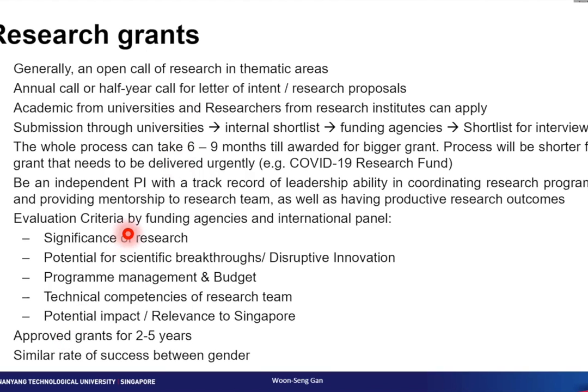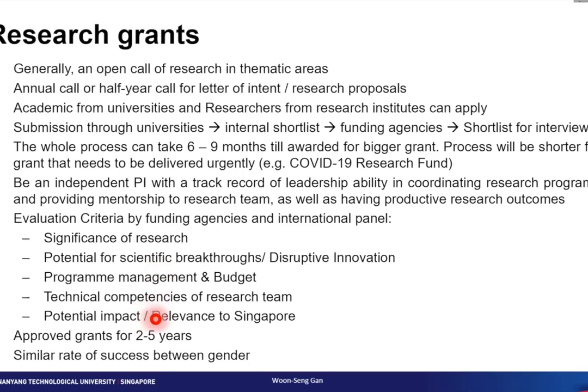The criteria for evaluation are mainly the significance of the research, the potential for scientific breakthrough or disruptive innovation, and also program management and budget. There's a listing of budgets and how the PI proposes to use the funding for their projects, and also the technical competence of the research teams.